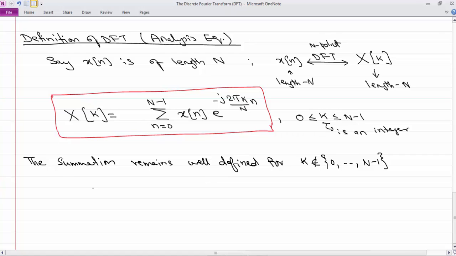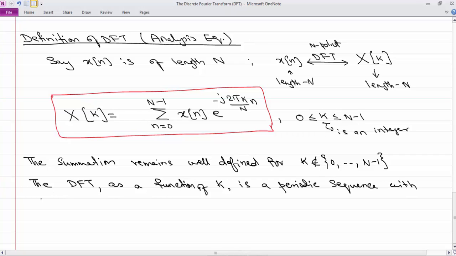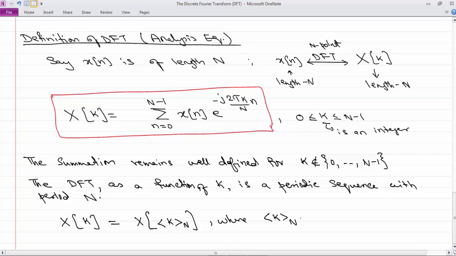It turns out that the DFT as a function of k is a periodic sequence with period capital N. What this means is that if you compute X[k], then that is equivalent to X[k mod N], where this notation means k mod N.